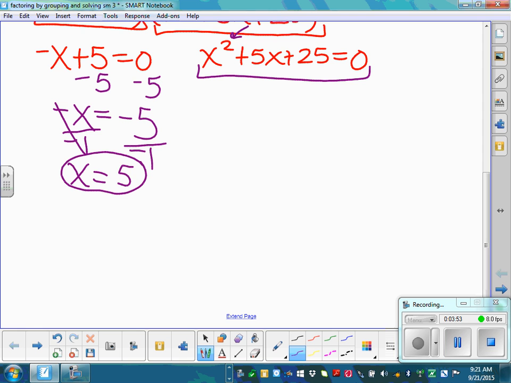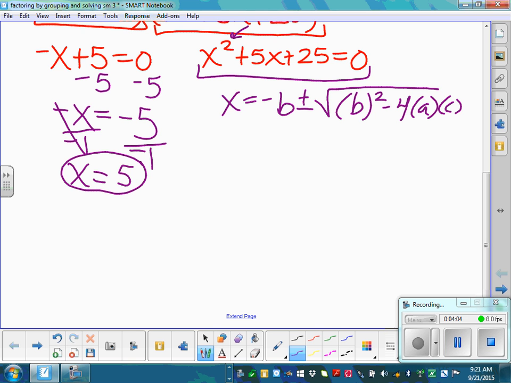So we know, we can finish this one off. x equals negative b plus and minus the square root of b squared minus 4 times a times c. Now everybody watch this. This is interesting. All over 2a. Not just partially over 2a, it's all over 2a. So let's hurry and detect a, b, and c. So a is equal to what?